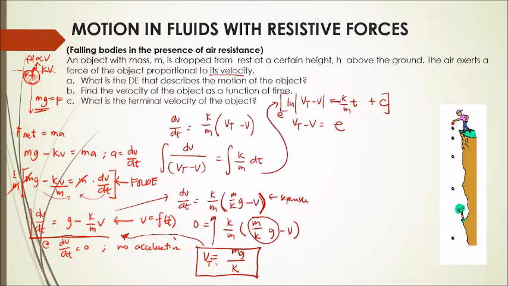Okay, e to the negative k over m times t plus c. Is this right? Yes, it should be negative.